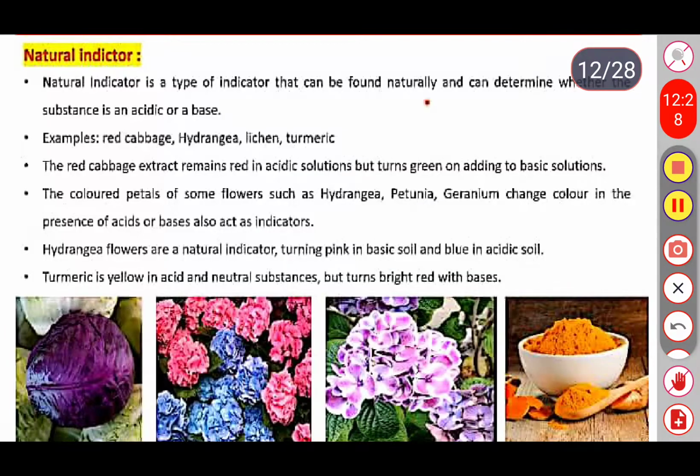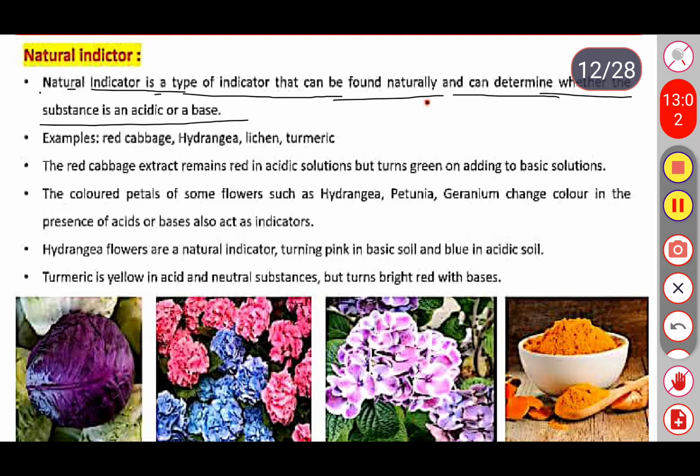See here, some more information is given about natural indicators. Natural indicators are a type of indicators that can be found in nature, and with their help we can easily identify whether a substance is acidic or basic.